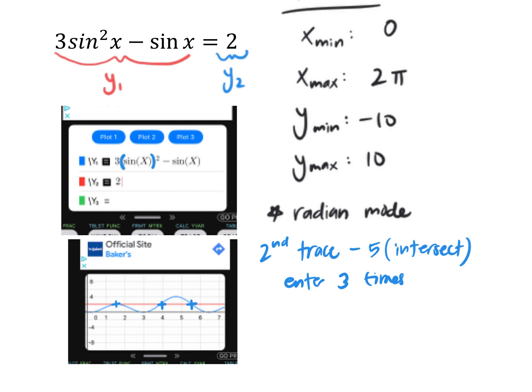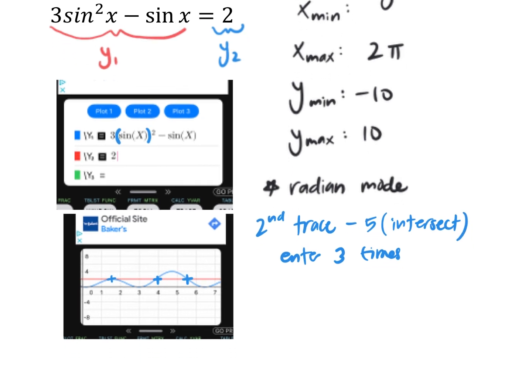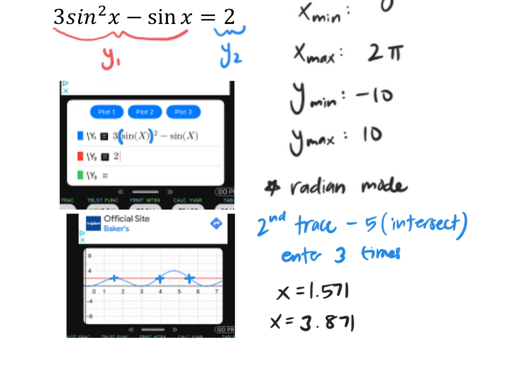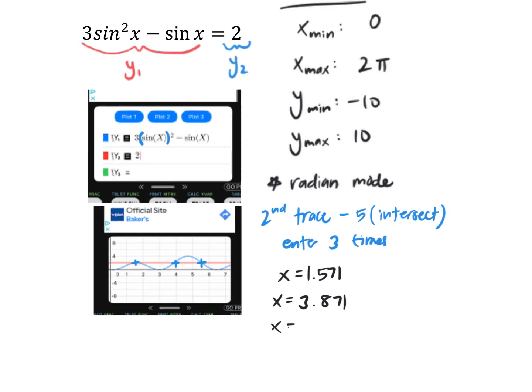I want you to test this out, but you should get the following 3 answers: 1.571, 3.871, and 5.554.